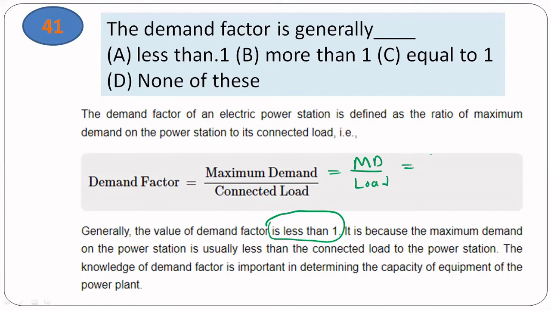The numerator, the maximum demand, will always have the maximum value, and the denominator will be greater than that. Let us say it is 1 in the load, whatever is 0.9, so we can consider maximum into 1 will be less than 1.